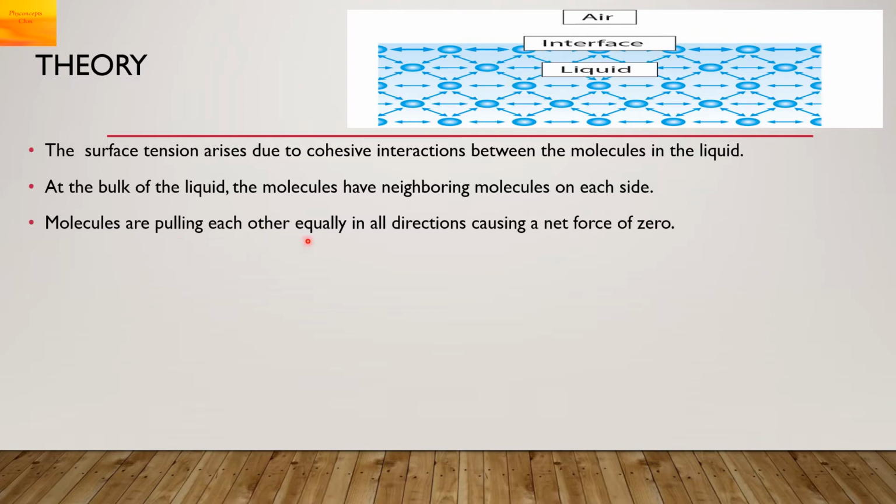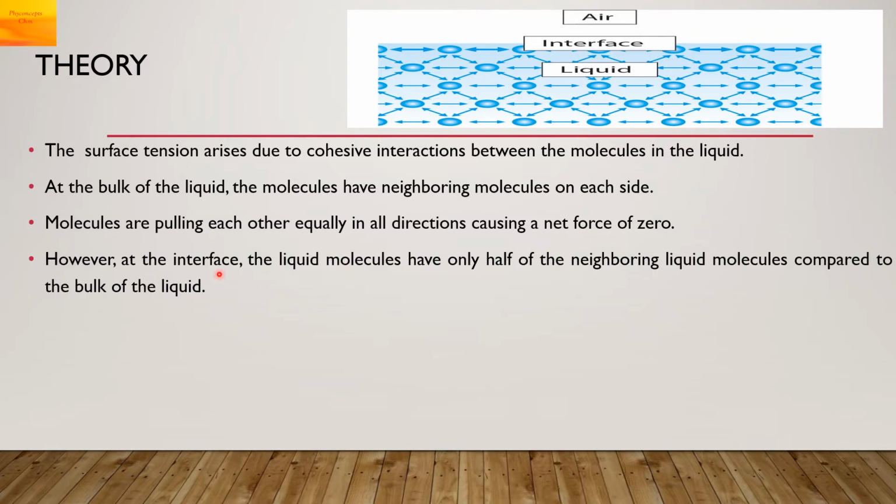Molecules are pulling each other equally in all directions, causing a net force of 0. However, at the surface, the liquid molecules have only half of the neighboring liquid molecules compared to the bulk of the liquid. Like if you see for this molecule on the surface, there are no molecules on the top. There are molecules on the sides or below it.